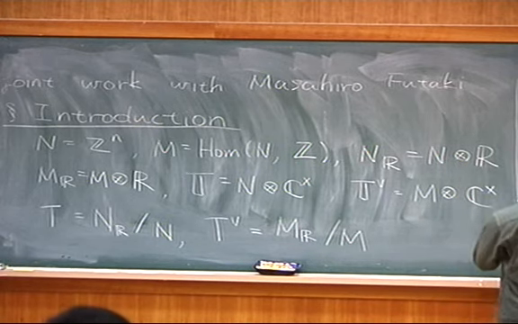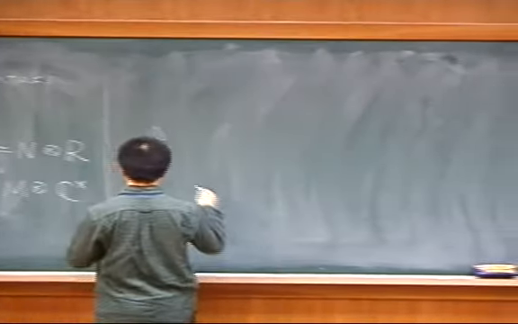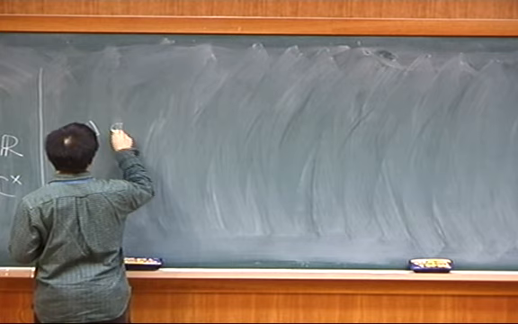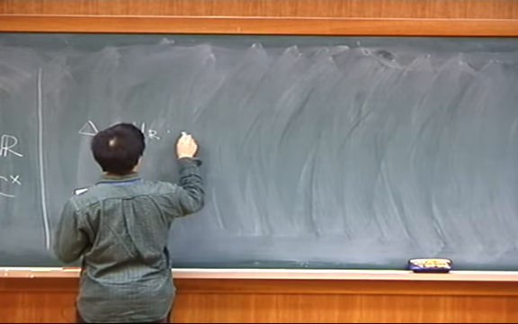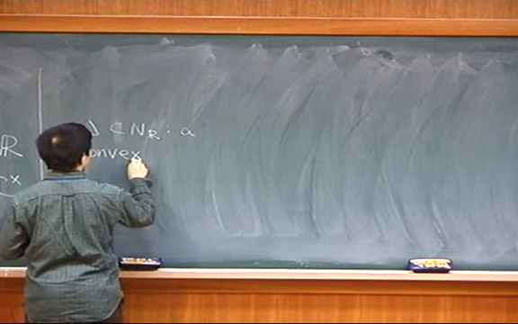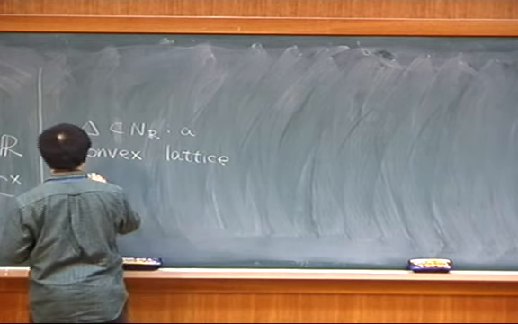And let me give a schematic picture of the story. So we start with a convex lattice polytope in N_R.